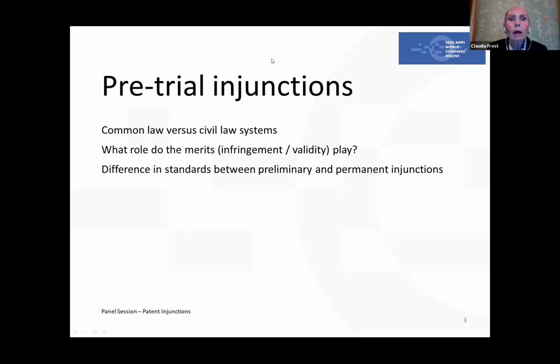But in the PI context, clear and convincing evidence of invalidity is not required. What you have to show essentially is vulnerability, and that's really more the issue. So is the patent vulnerable to being invalidated on the merits?